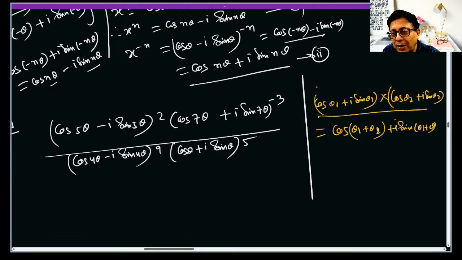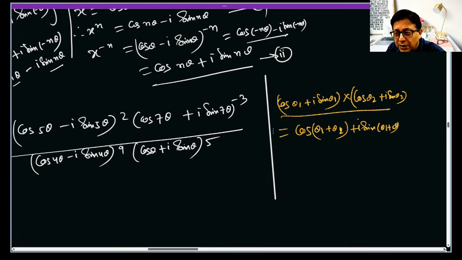We have seen one example today also. This is what? If you expand it, I'll just show you.